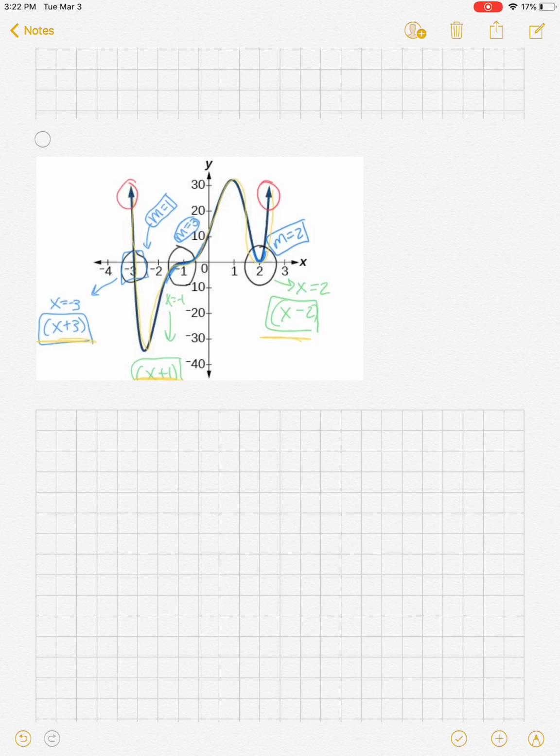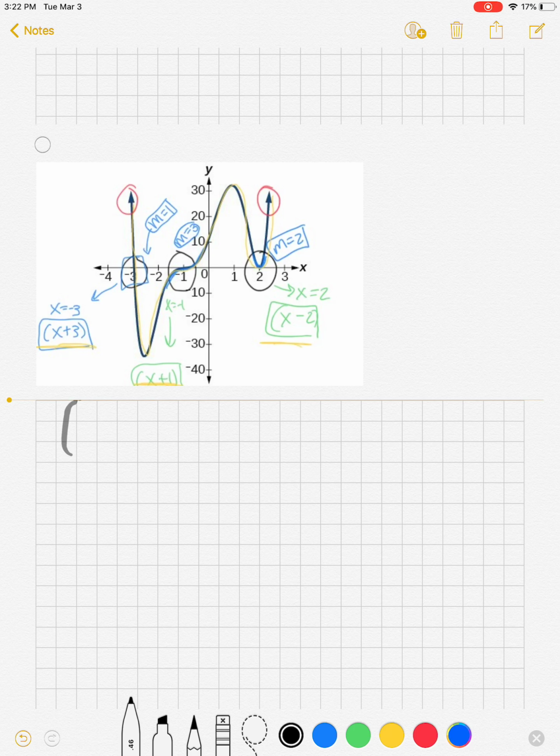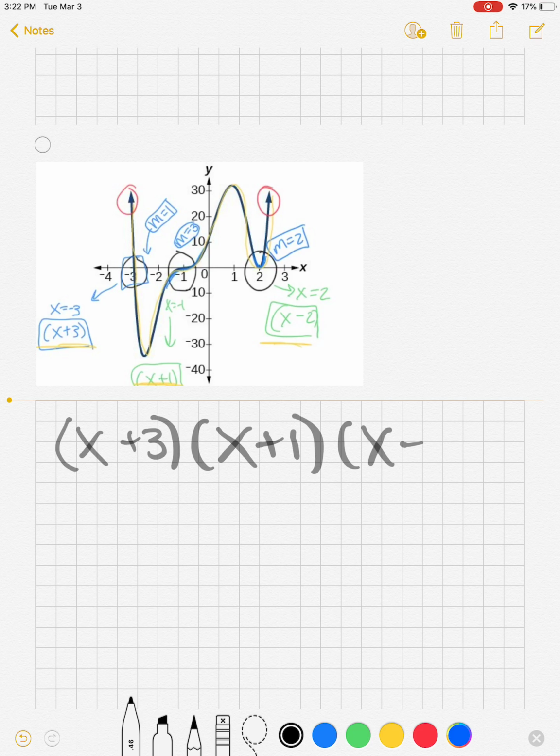What we can do is bring in those factors we just talked about, x plus 3, x plus 1, x minus 2, all coming from this polynomial.